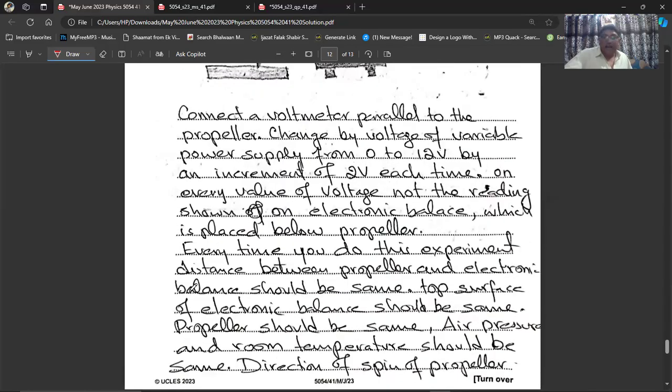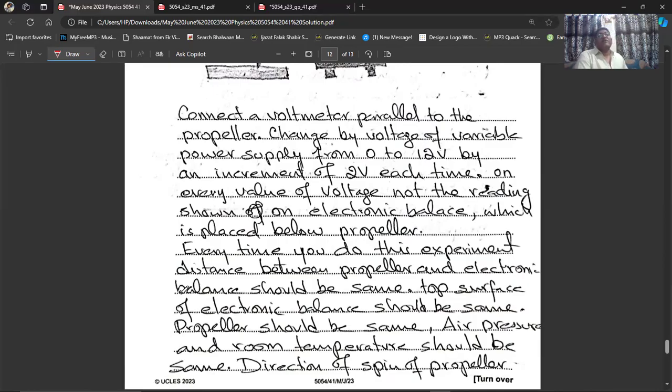Then I have written this answer: connect a voltmeter parallel to the propeller. Change the voltage of the variable power supply from 0 to 12 volt by an increment of 2 volt each time.